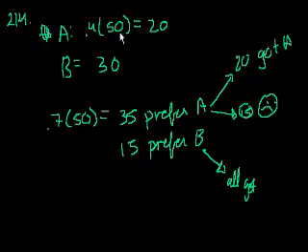So the best case scenario is this: all of these people get B, and 20 of these people get A, but then you have to stick 15 people of these in B. So those 15 people are going to be upset. And so that is the lowest possible number of researchers who will not be assigned to the team they prefer. So that's these 15. Next question, that's choice A.